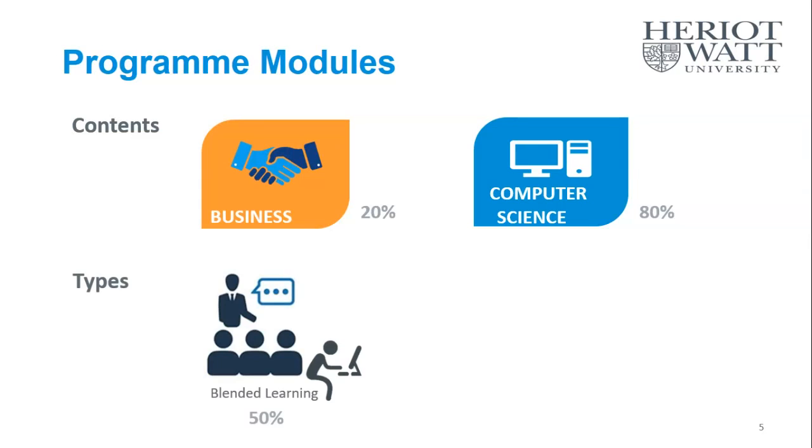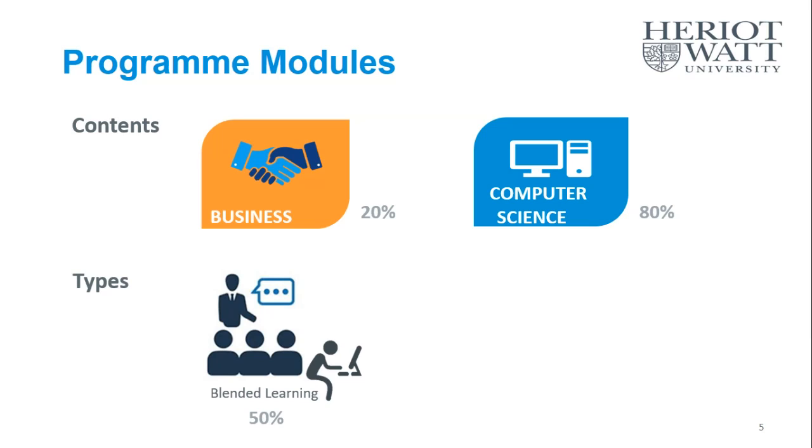We teach these modules in three different delivery types. Almost half of the modules are taught on campus. So the students need to come 1 day a week. They join our regular lectures, they attend lectures, and they participate in the labs. They also receive online material.